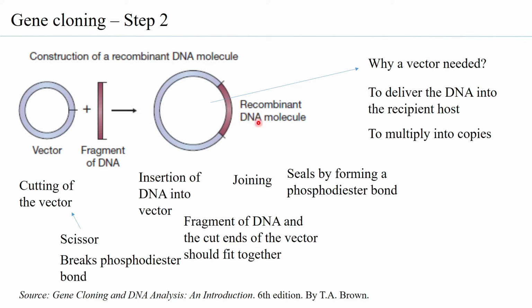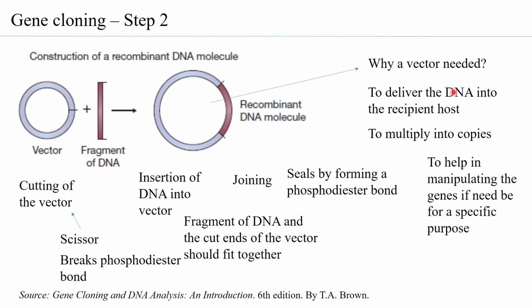So these two things make the vector essential in a gene cloning experiment. It also helps in manipulating the genes if need be for a specific purpose. And interestingly, if the vector also allows the expression of the fragment of DNA, then you may also get a product.